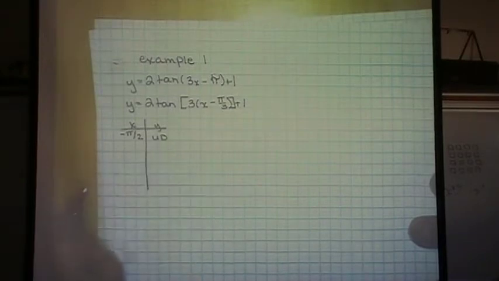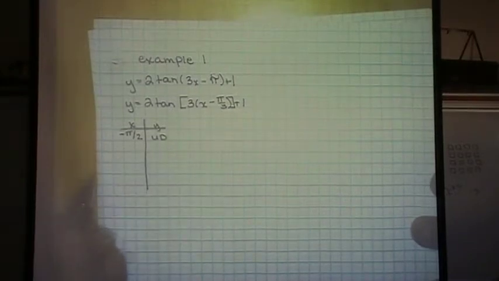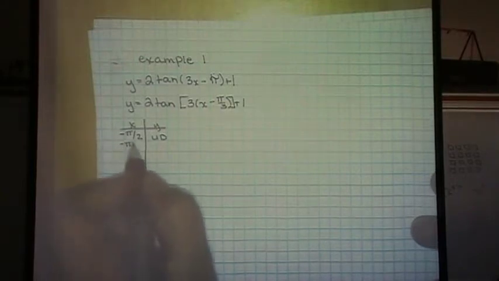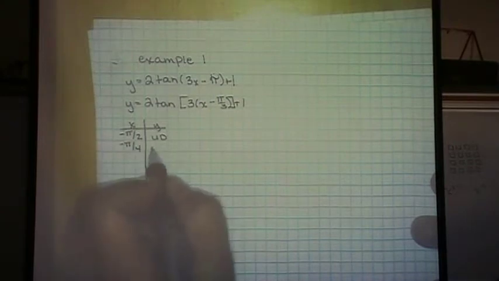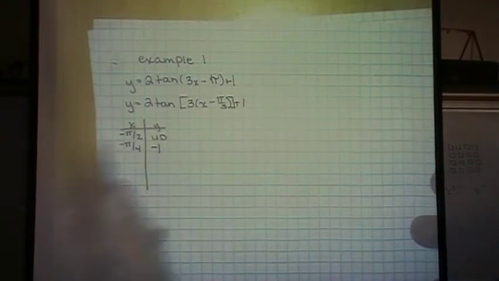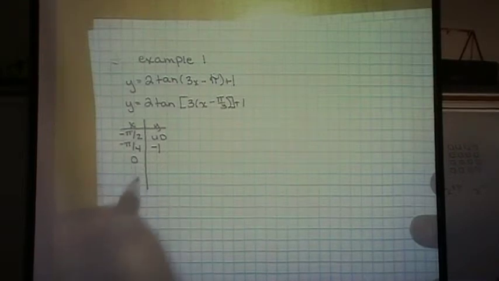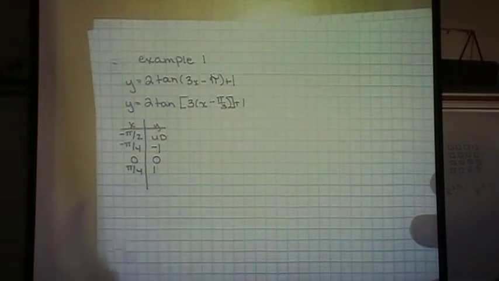Remember, tangent is sine over cosine, and at negative pi over 2, cosine is 0. So we have a 0 in our denominator there. At negative pi over 4, we're at negative 1. At 0, we are at 0. Pi over 4 is 1.